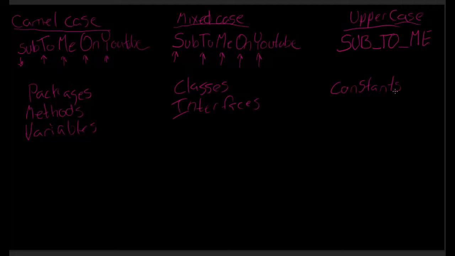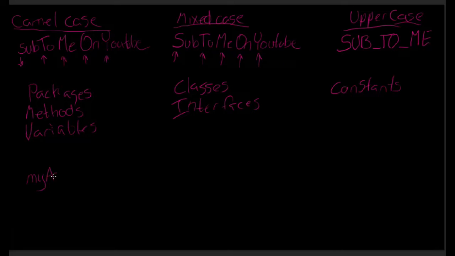And just so you know, constants is just what it says. We have variables, which vary in their value, and then constants are constant. For example, a variable could be my age, because it's going to vary.